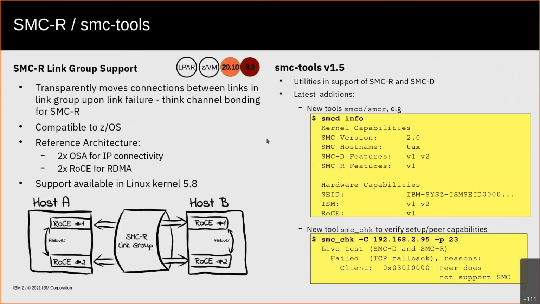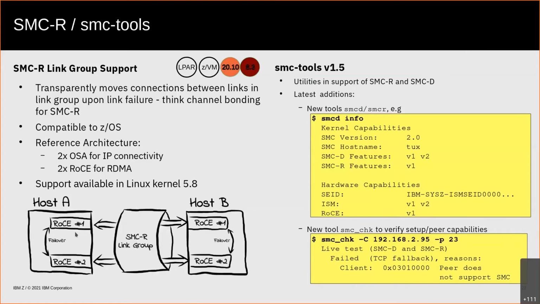Speaking of SMC, we also extended the SMC-R support a bit. What we were previously missing was so-called link group support. That's basically high availability for SMC-R. Now, to remind you, SMC-R was using RoCE Express adapters for connecting a peer using RDMA traffic.